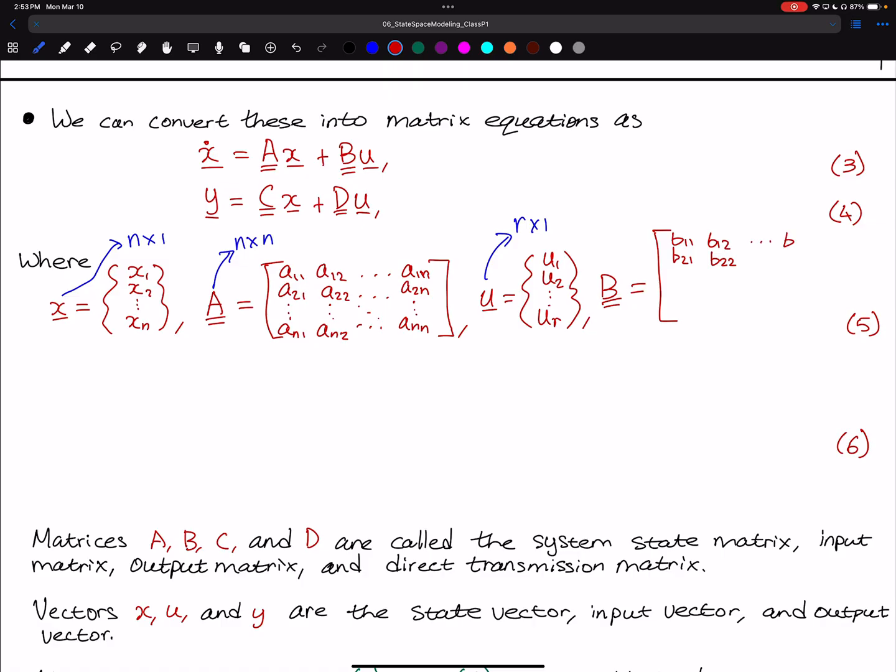Here we'll have B1r, B2r. Down here we're going to have Bn1, Bn2. And way in the bottom, we're going to have Bnr. So here B is an n by r matrix.